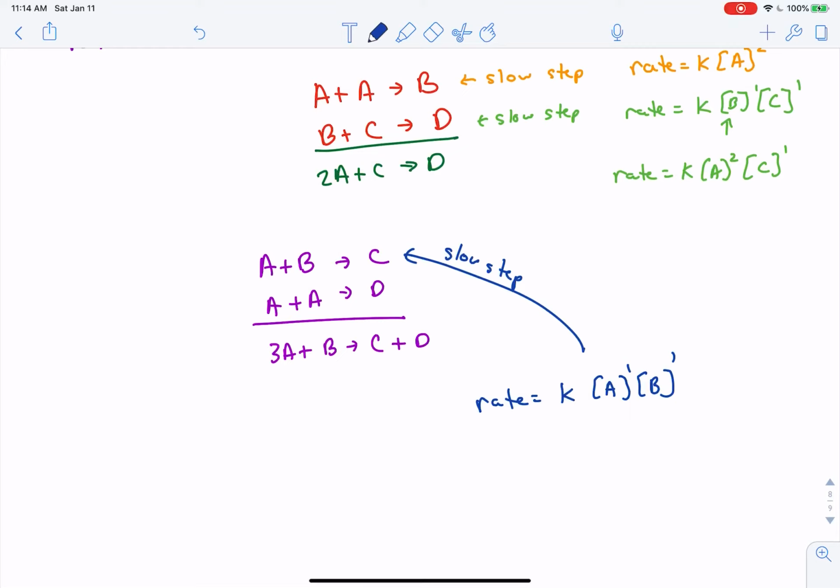Okay. So the only thing you're checking with the overall reaction is if it is the same reaction that you're trying to solve for. So if they suggest a mechanism, you should check two things. One, does it add up to the right overall reaction? And two, does their slow step match your slow step? And if the slow step is the second step, then you're allowed to substitute from the first step.